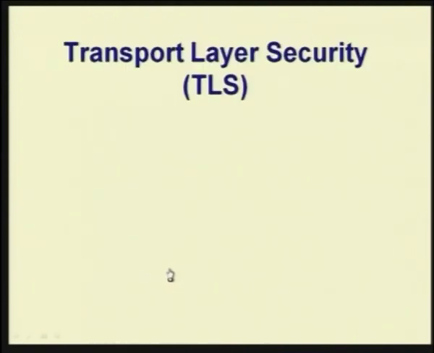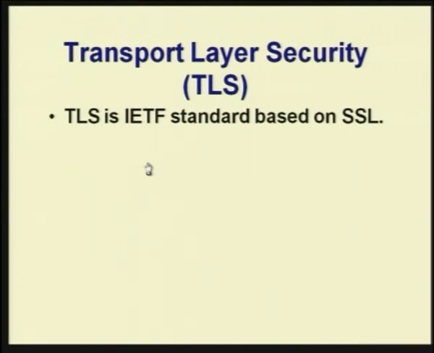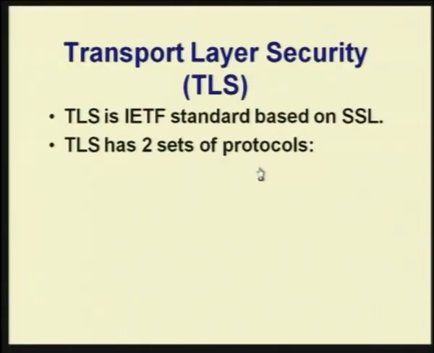Okay. So, if you look at the TLS, the transport layer security protocol, it is a standard which is based on the secure sockets layer. Okay. So, we focus more on the TLS, just take it for now that it is based on this SSL mechanism, and the TLS as such has two sets of protocols. Okay.